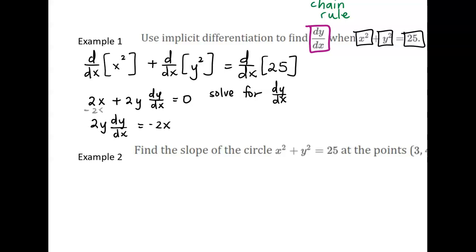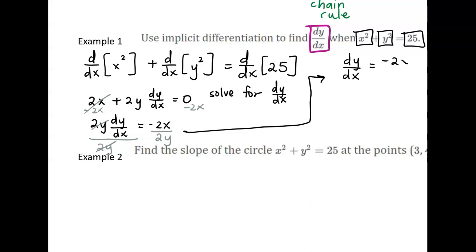And if we're trying to solve for dy/dx, then I need to divide both sides by 2y so that will cancel. And so that leaves us with dy/dx is equal to negative 2x over 2y. And we can simplify that to get that dy/dx is equal to negative x divided by y, because our 2's cancel.